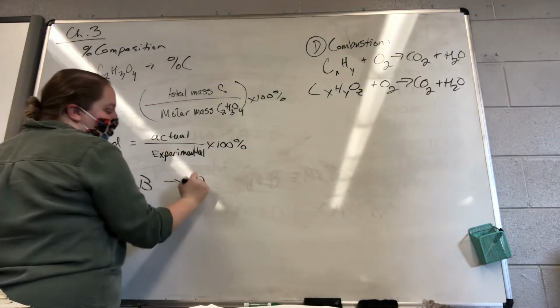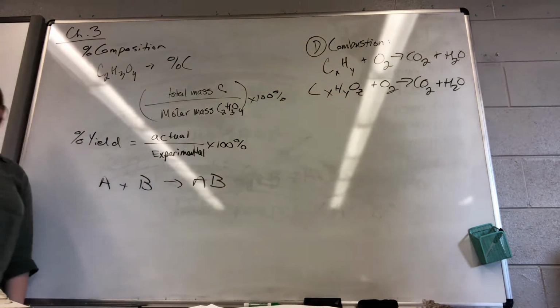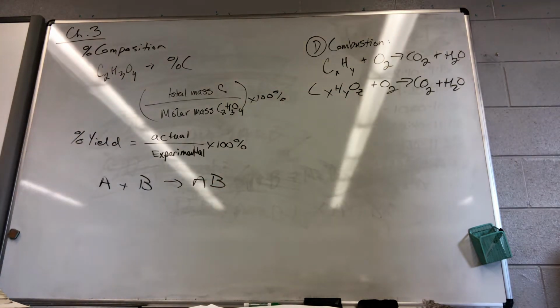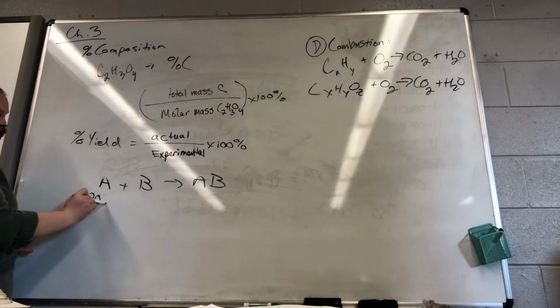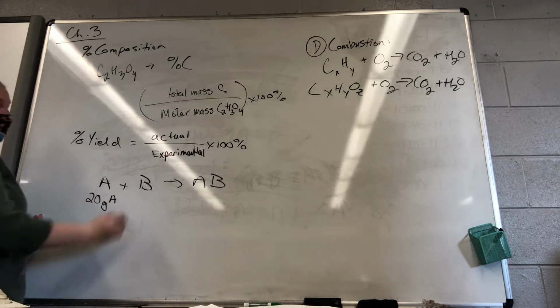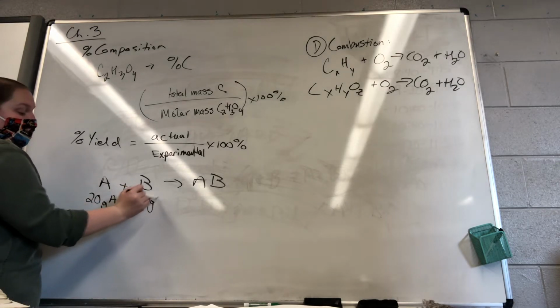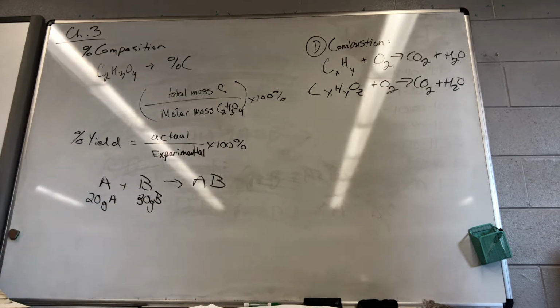So let's go with A plus B makes AB. Simple chemical reaction. Let's say we start with 20 grams of A and 30 grams of B. We're going to figure out how much of the product both of those will actually create, and whichever one creates the least is the limiting reactant.